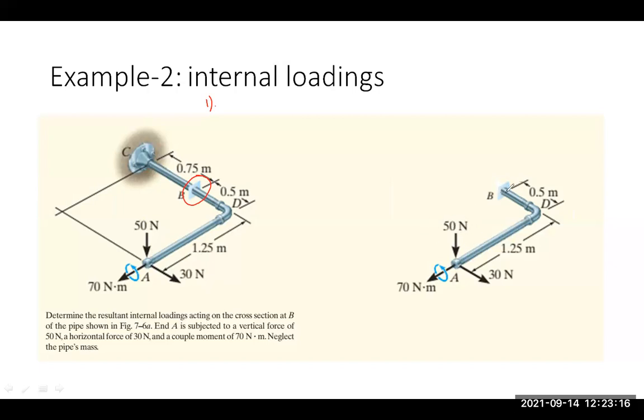So there will be reaction force and moment at point B, which make a zero condition of force and moment. Okay, so that's the first principle, statically equilibrium condition, applied at every point.